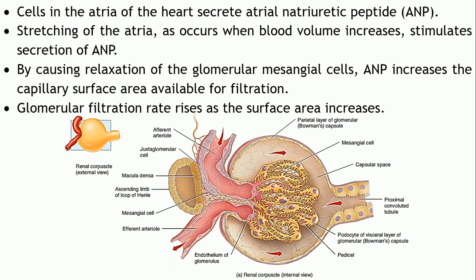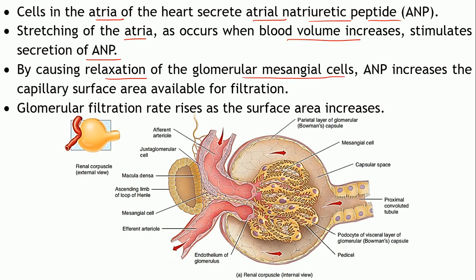Now apart from that, the cells of the atria of the heart produce a hormone called atrial natriuretic peptide, ANP. So as the walls of the atria stretch, it is sensed due to the increase in the blood volume, the walls of atria will stretch more, right. So as a result of this, the hormone called atrial natriuretic peptide is released. This particular hormone causes the relaxation of the glomerular mesangial cells.